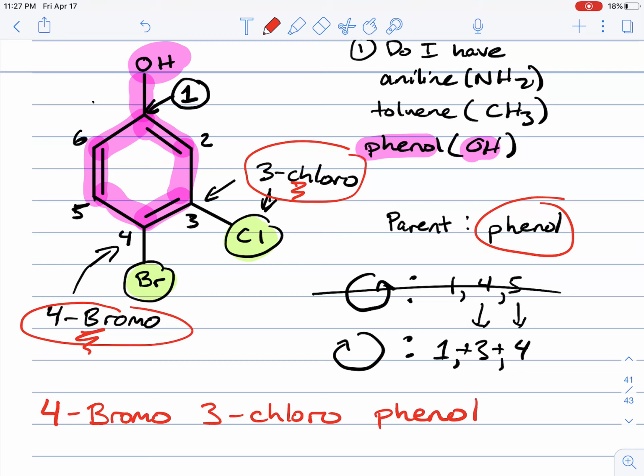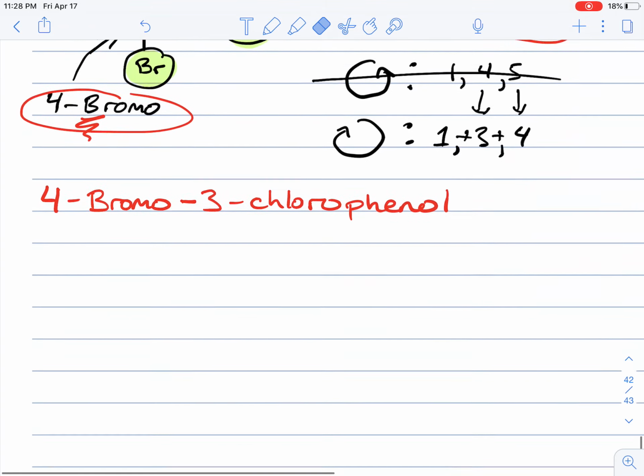And just to make sure that I have everything correct, I'm going from letter to number, so I need a dash. Letter to letter, that means I need to scoot them close to each other so that just forms one word. I'm going to go ahead and erase my arrows, and I have my final answer. 4-bromo-3-chlorophenol. Cool.